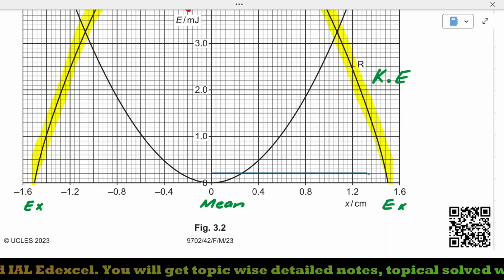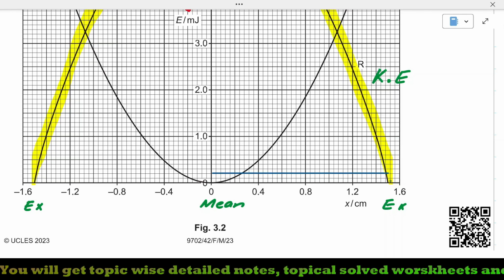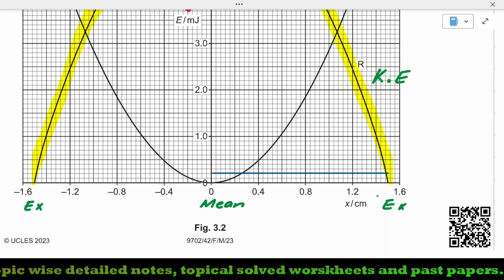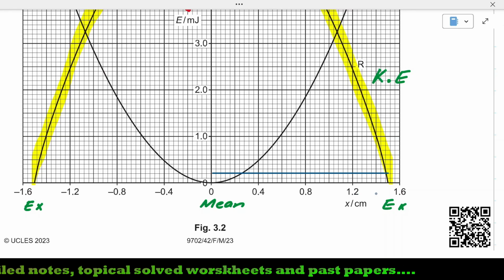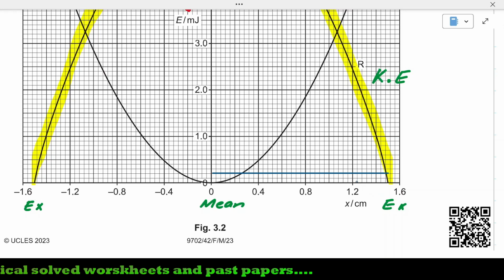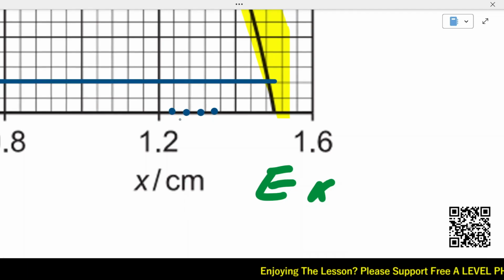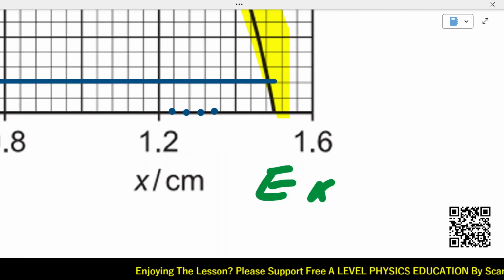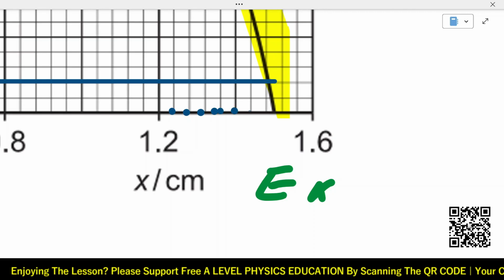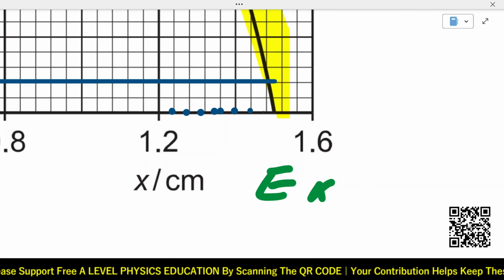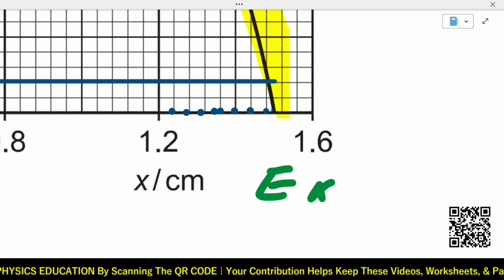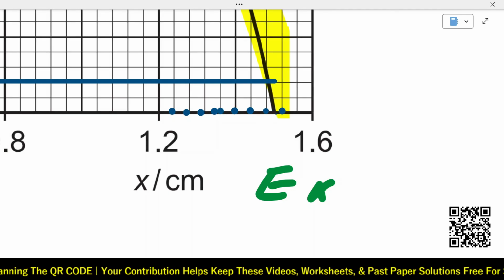So is it not this one? What do you say? Isn't it this one? So how many blocks do we have? 10 blocks represent 0.4, 1 block represents 0.04. So 1.24, 1.28, 1.32, 1.36, 1.4, 1.44, 1.48, 1.52.